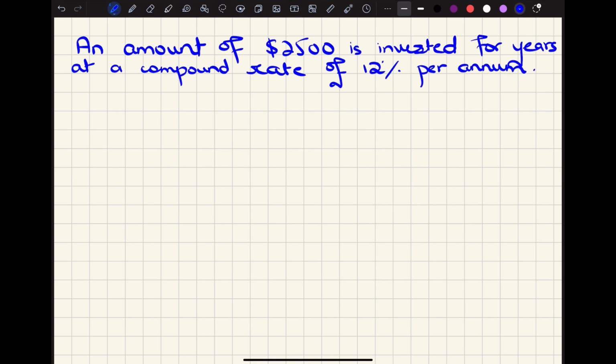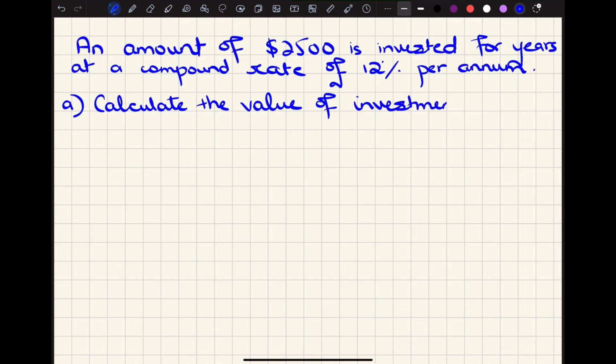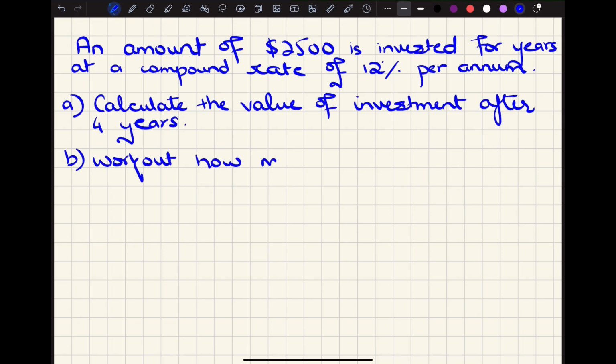Okay, so you have to calculate the value of investment after 4 years. And second part is you have to work out how much interest is earned over these 4 years.